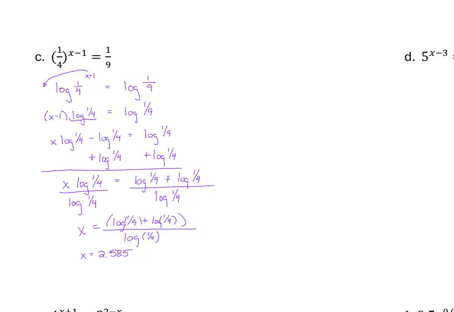Starting at this step, no, sorry, back up. Starting at this step, we could go a little bit different route. What we can do is, instead of distributing the log, I can divide by the log.